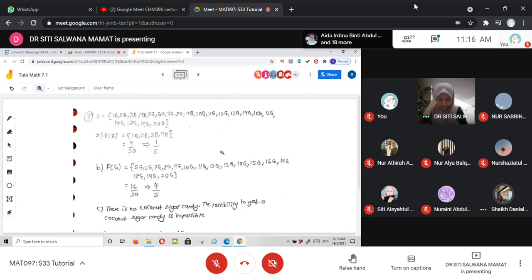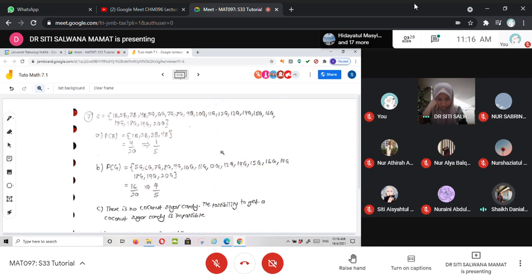Lepas tu dia tanya probability untuk brown sugar candy. So brown sugar candy ada 4 je, 1B, 2B, 3B dan 4B. So dia akan jadi 4 over 20 sebab ada 20 candies, nanti dia dapat 1 over 5 probability dia.